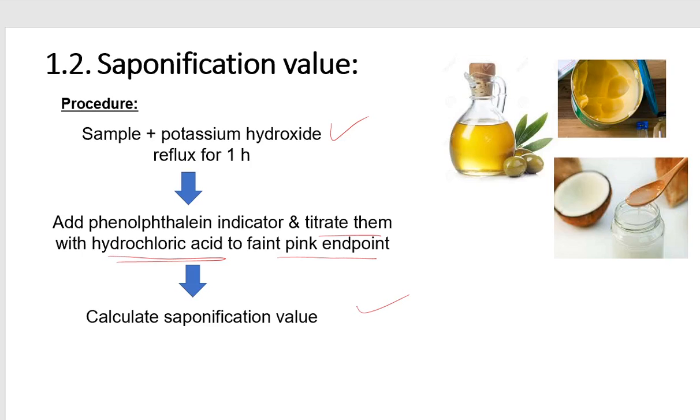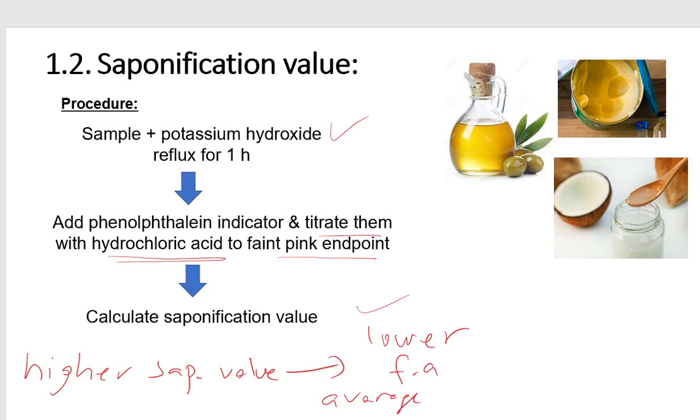So the higher the saponification value, the lower the fatty acids' average chain length, and the lighter the average molecular weight of triacylglycerols.